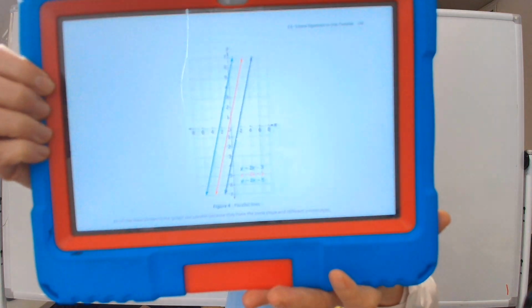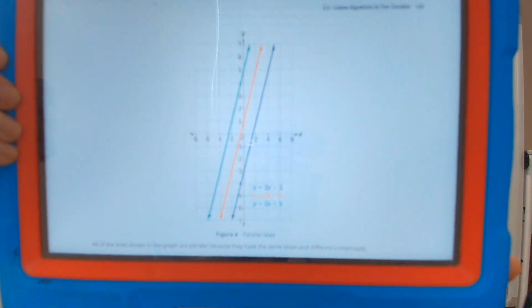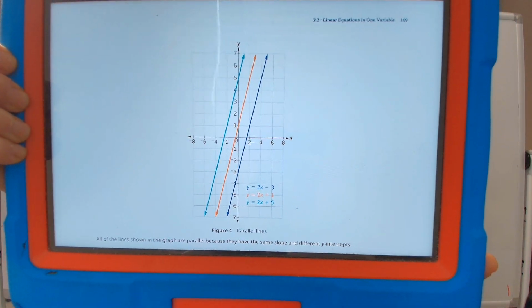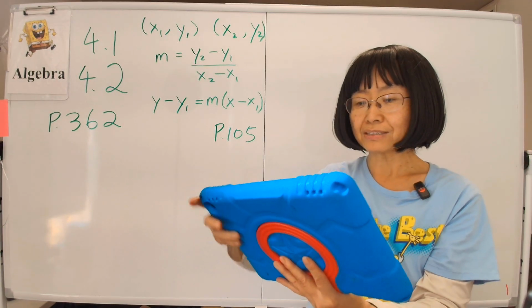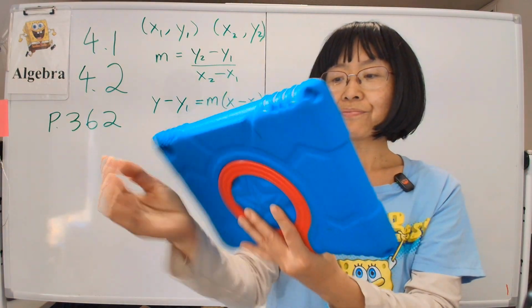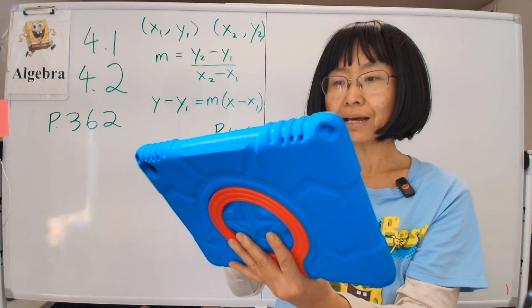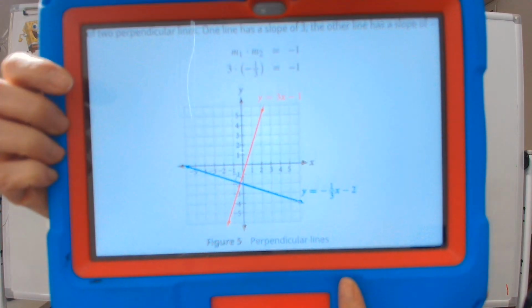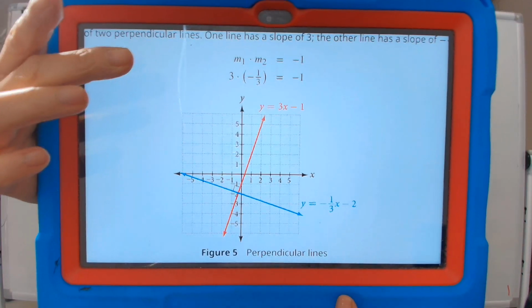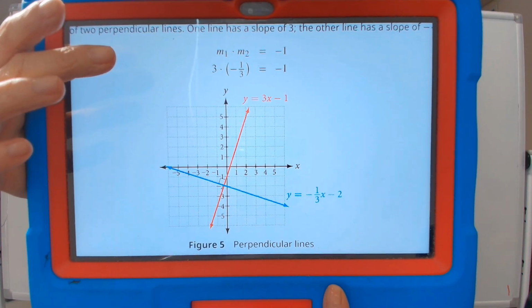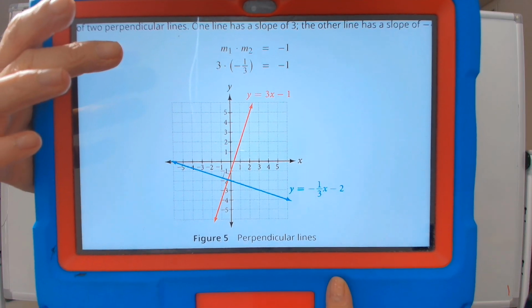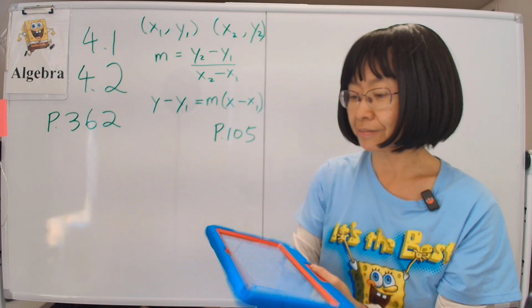Two lines are parallel if they have the same slope. That's the graph demonstrating that fact. And then 2 lines are perpendicular if their slopes multiply to become -1. So you have 2 lines, one has slope m1, the other one has slope m2. If they multiply to be -1, then they are perpendicular.